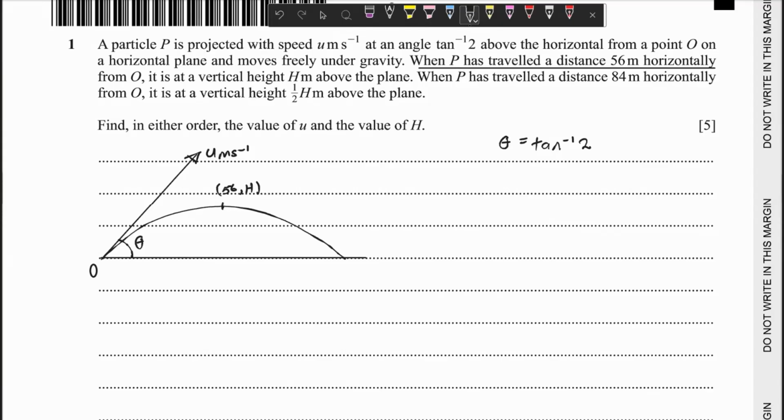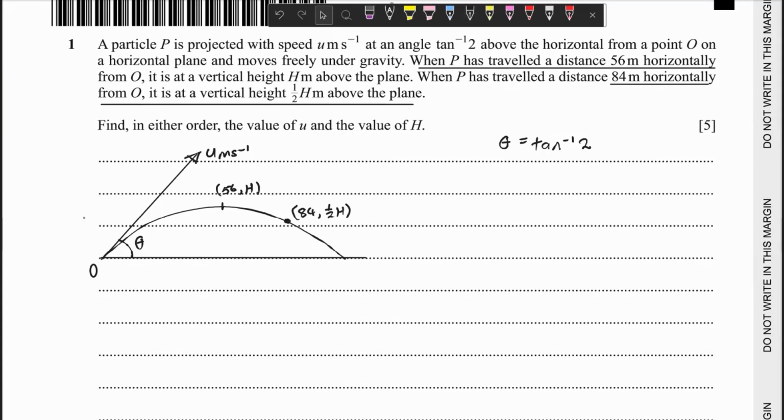And when it has traveled 84 meters horizontally from O, it is at a vertical height of half h. So at this point we have the coordinates 84 horizontally and half h vertically.